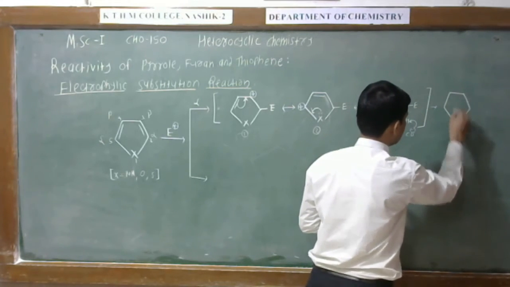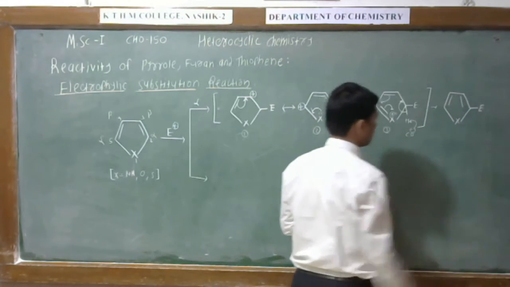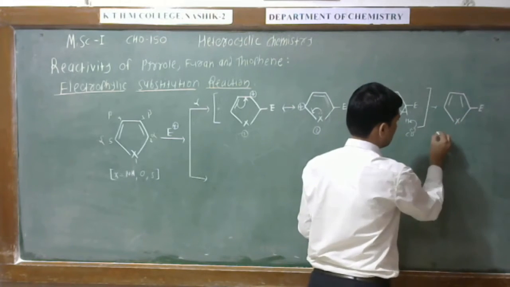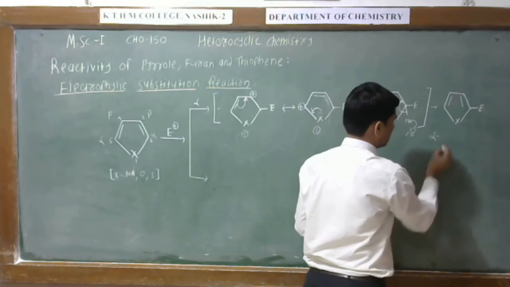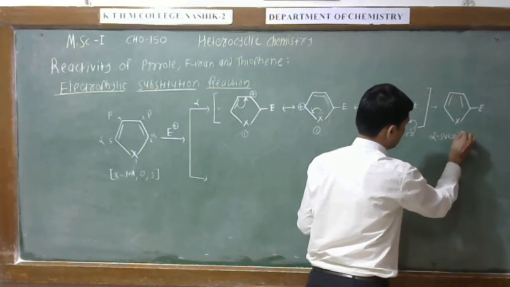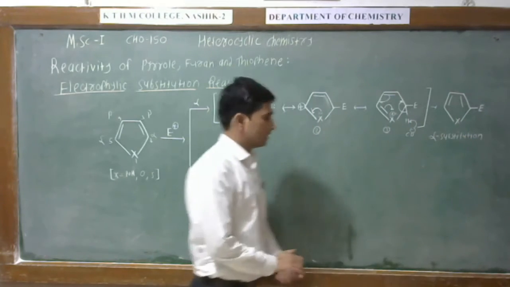This is X, these are the double bonds, and this is the electrophile substituted at position 2. We can call this the alpha substitution.